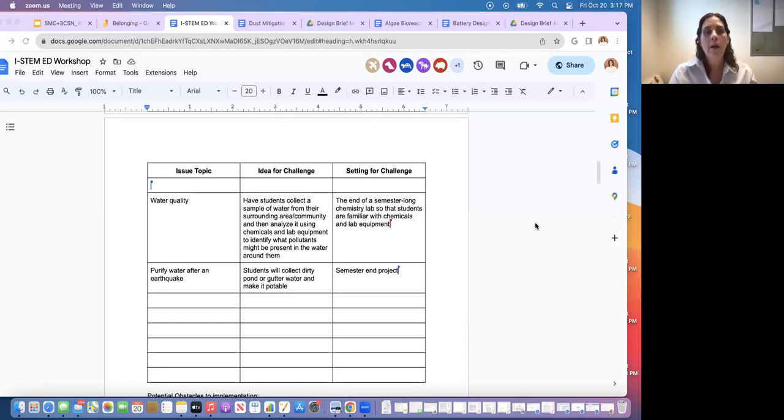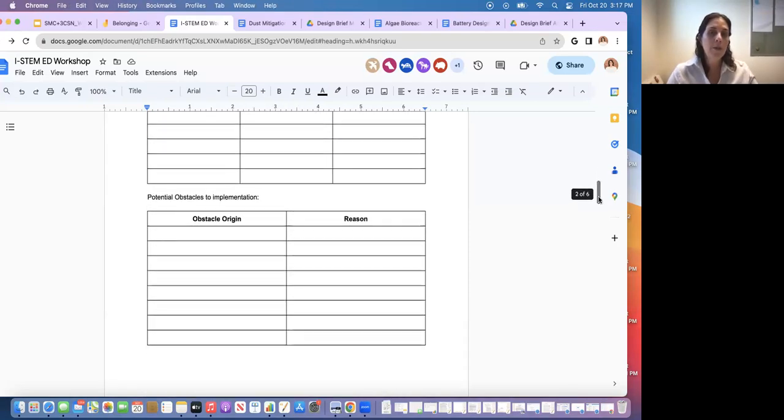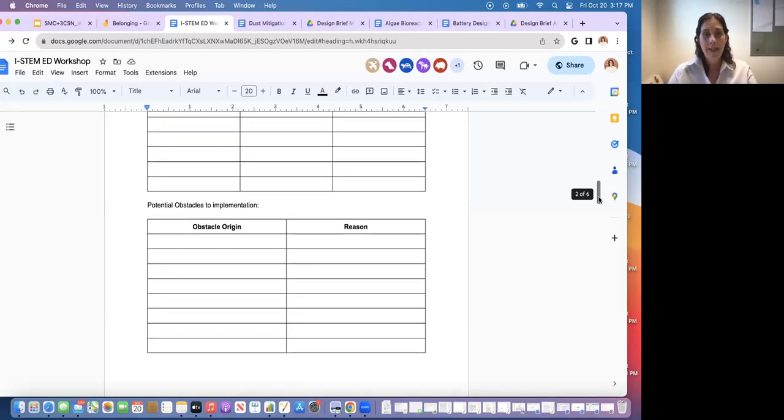So one of the other things that I would like to consider is thinking about and brainstorming what obstacles might you be confronted with, and where are they kind of coming from. For example, just to throw one out there, it takes time to develop a design brief, and to really think about all of the criteria that you need students to think about, and how are you going to measure this?